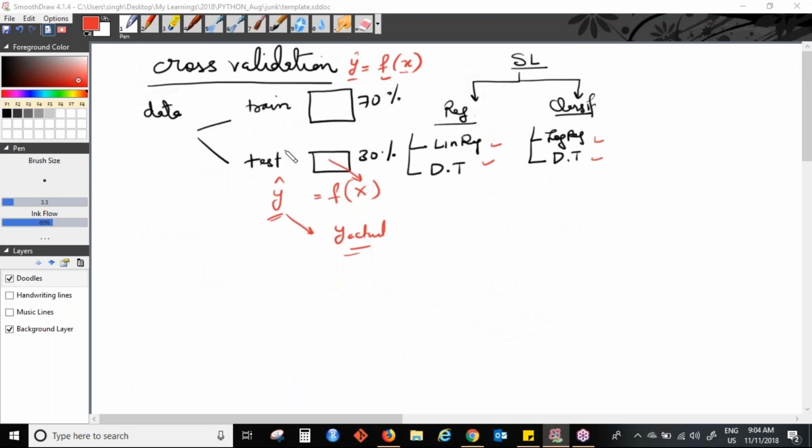Are we missing something when we do this train and test split, build our model on the training data, apply that model to predict on the test data, and then compare the predictions with the actual values to find out how good or bad the model is? Is there something wrong with this approach?